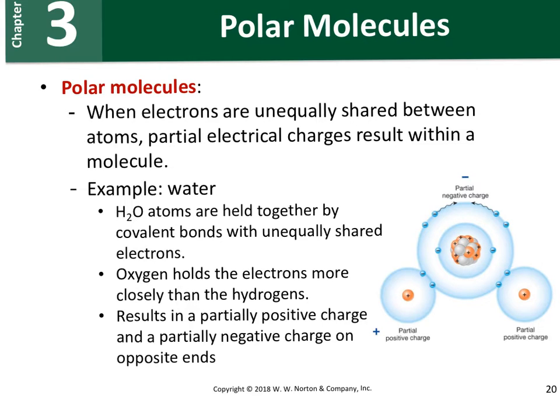So the oxygen right here is holding on to the electrons more closely than the hydrogens. And as a result, oxygen has a little bit more electrons that it's controlling. And anytime you have more electrons, it means you're electronegative. Okay? And anytime you lose electrons, you're electropositive.